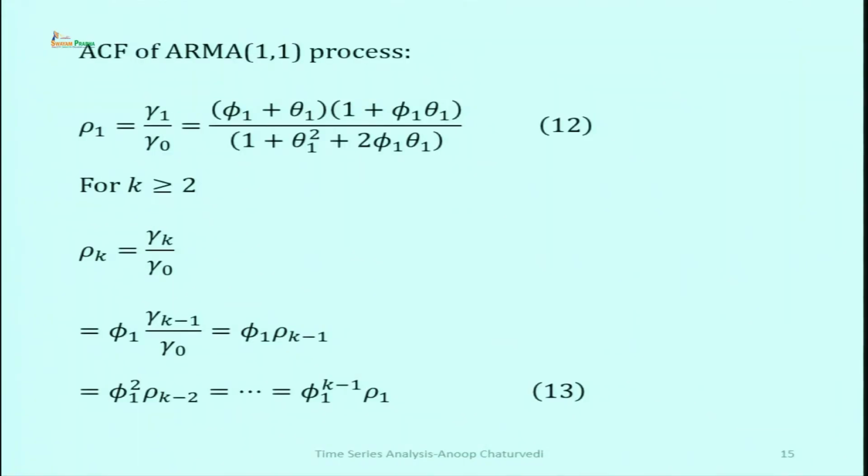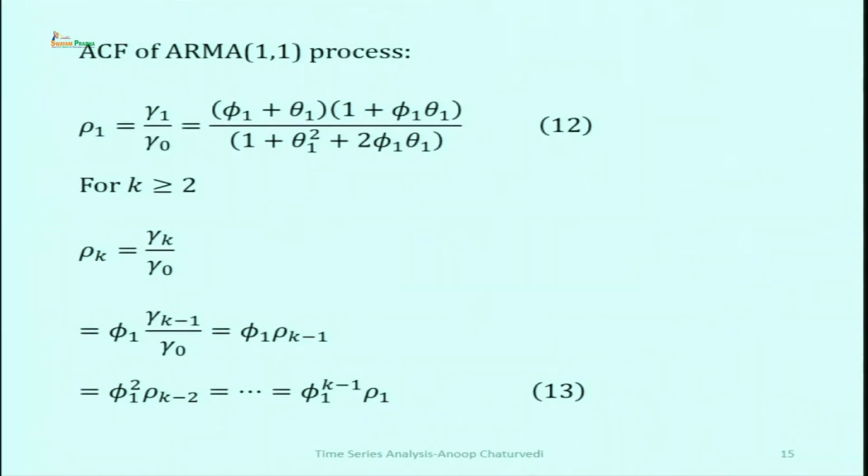Then you can easily obtain the ACF of ARMA(1,1) process also, which is rho 1 equal to gamma 1 upon gamma 0, and then in the numerator you have (phi 1 plus theta 1)(1 plus phi 1 theta 1) upon 1 plus theta 1 square plus twice phi 1 theta 1. And for k greater than or equal to 2, rho k is equal to phi 1 rho k minus 1, which is phi 1 square rho k minus 2 and so on, phi 1 to the power k minus 1 rho 1.